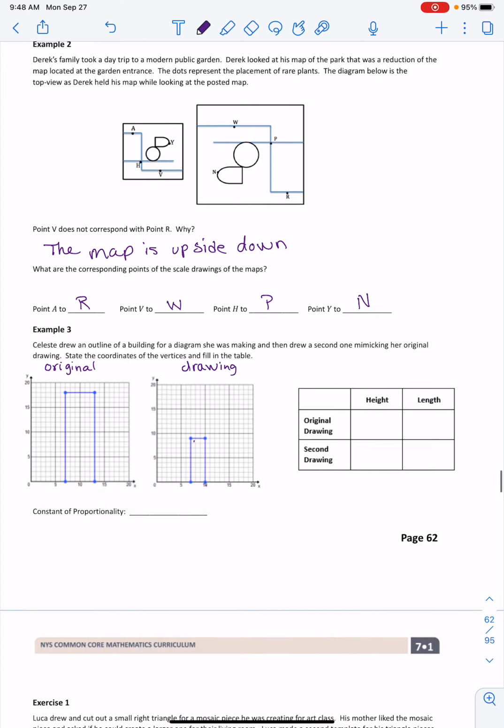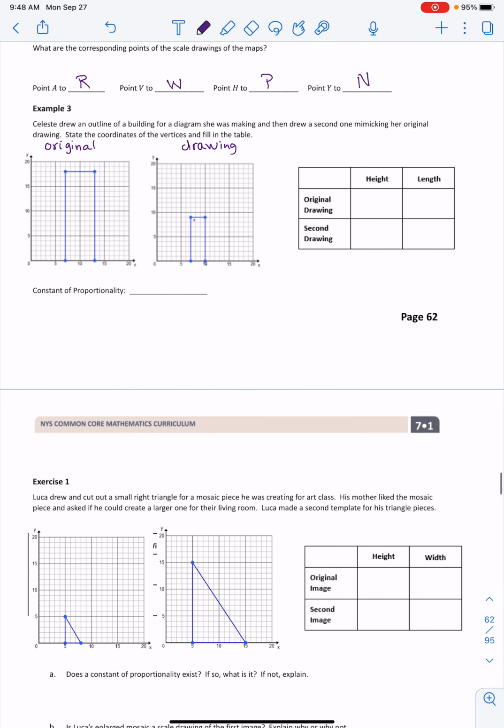So if you count, the first one, her original, the height is 18 units. Her length is 6 units. Then if you count the second drawing, the height is 9 units. And the length is 3 units.